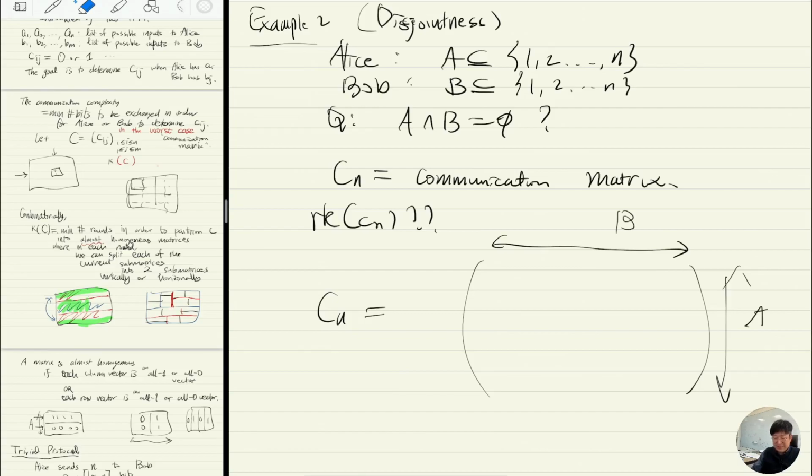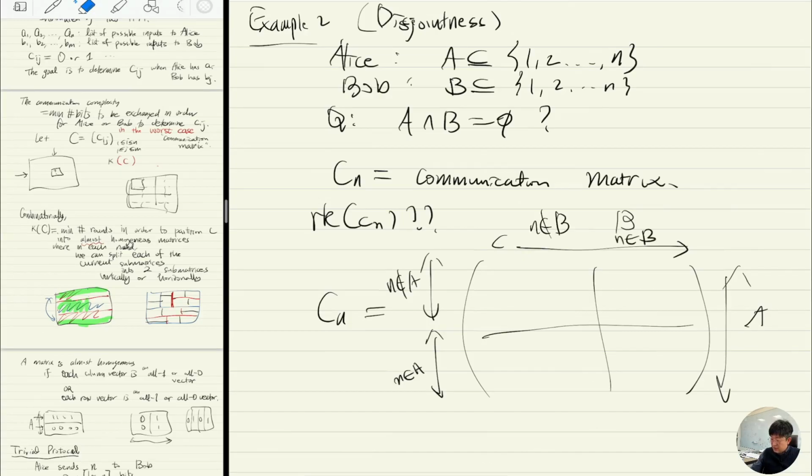In the A side, I partition rows like this: these are people not having n, no n in the set, and these are people having n, so n is in A. Same for columns: n is not in B, and n is in B. If I partition rows and columns like that, then if both A and B contain n, then they are not disjoint.